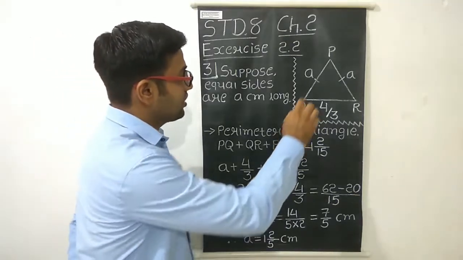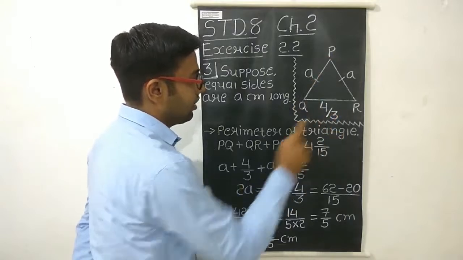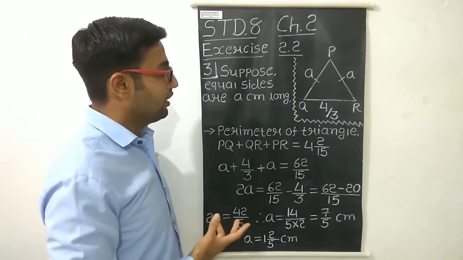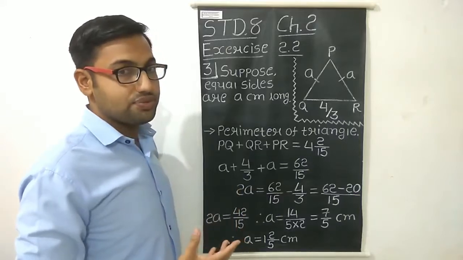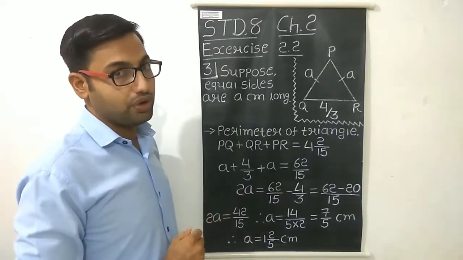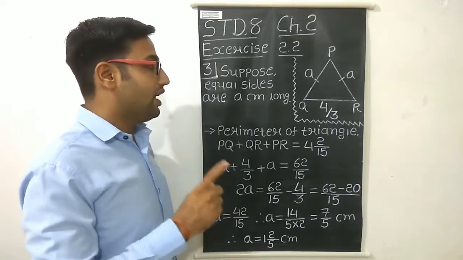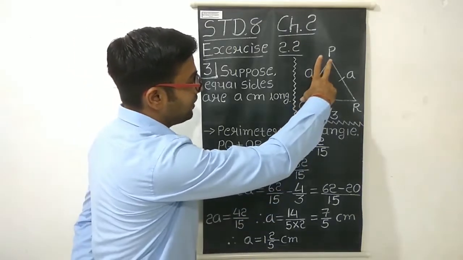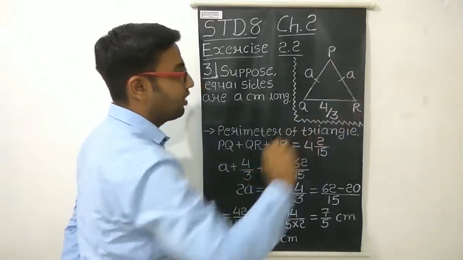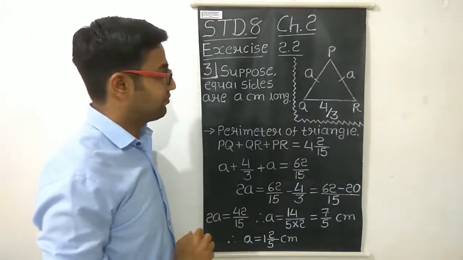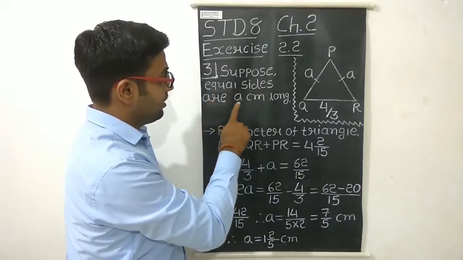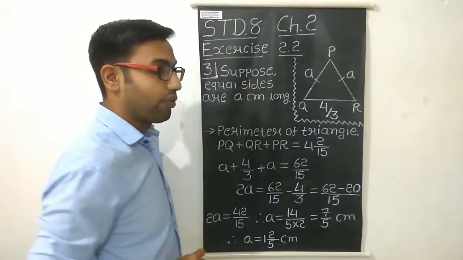So let's suppose PQR is an isosceles triangle. Now we know that isosceles triangle means two sides are equal in a triangle. That triangle is called an isosceles triangle. So let's suppose this side PQ and PR are equal sides, and let's suppose that the equal sides are of a centimeter long.